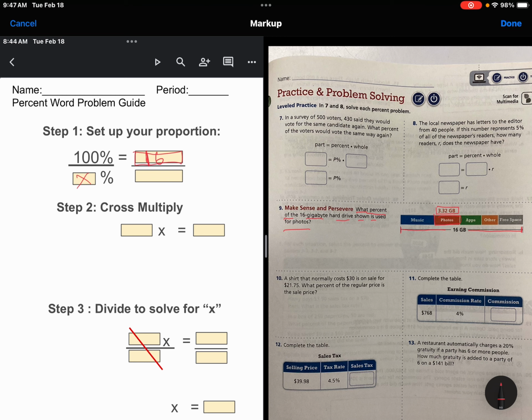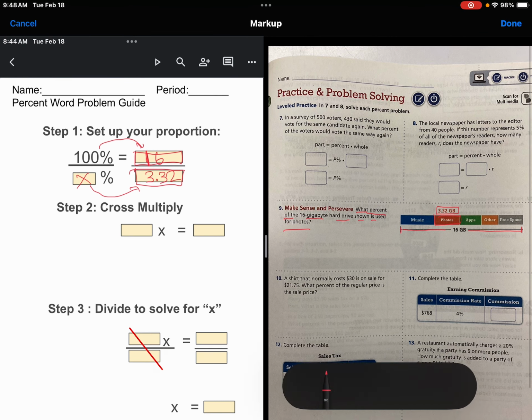So how many gigs out of those 16 represents photos? We know that, and that's the number that goes here. The number is 3.32. So 100% of my memory is 16, and X% of my memory, which we don't know about, is 3.32. Okay, so step 1 completed.